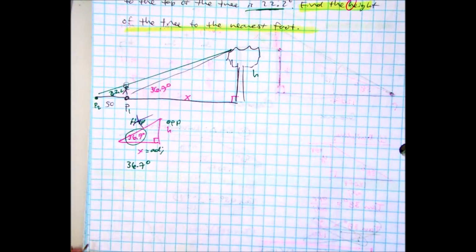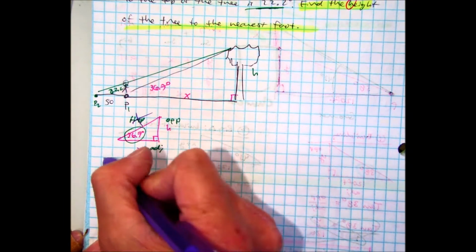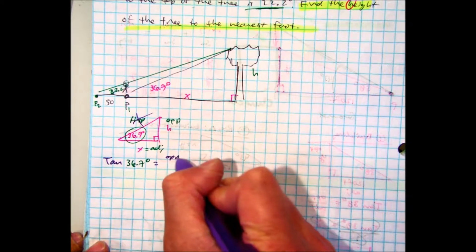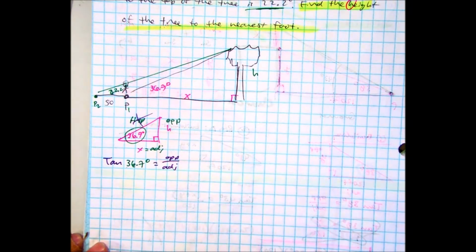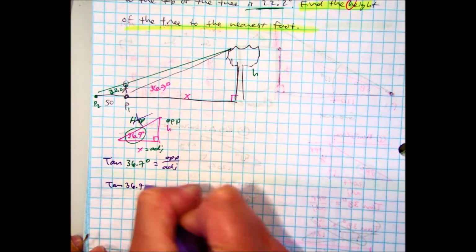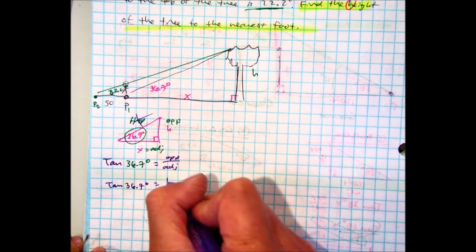Which means that we're going to use which trig ratio? TOA, right? Tangent of 36.7 degrees is equal to the opposite over the adjacent. Now if I do my substitutions, tangent of 36.7 degrees equals h over x.